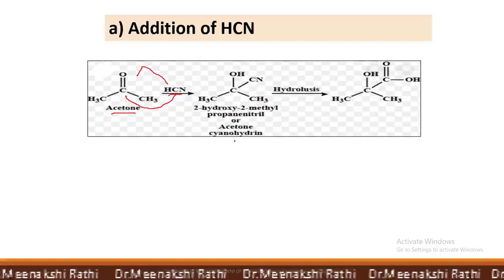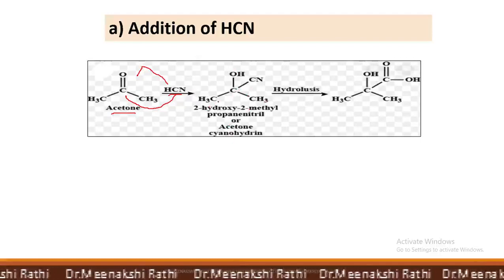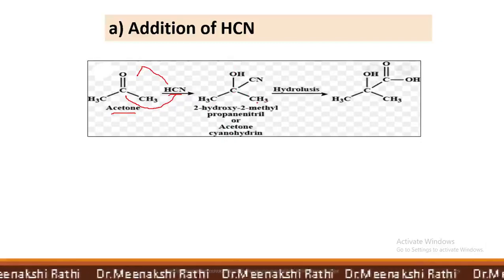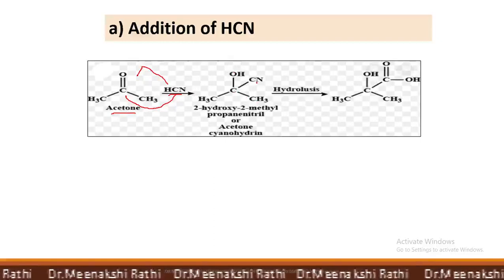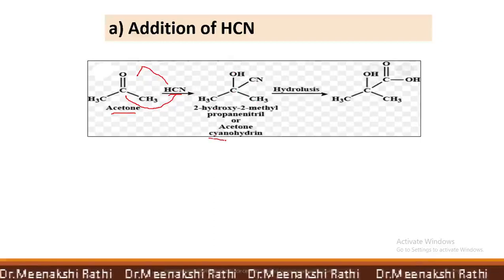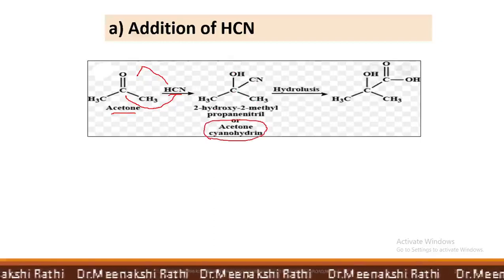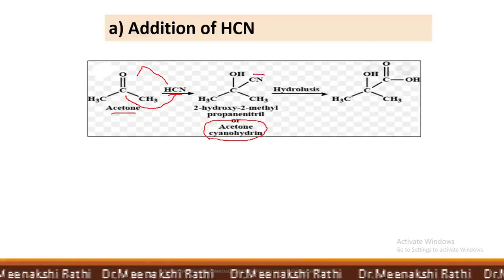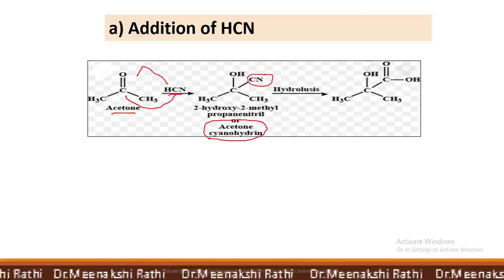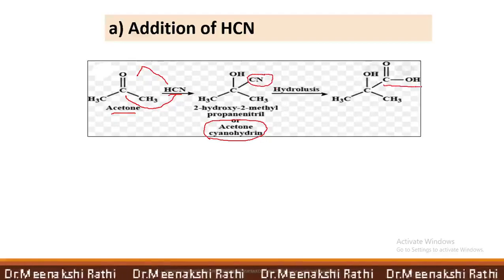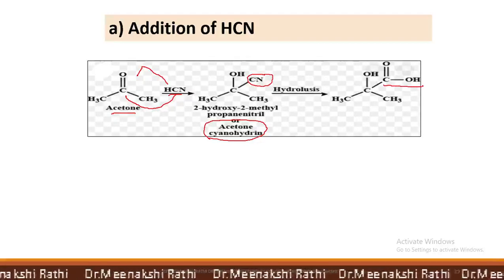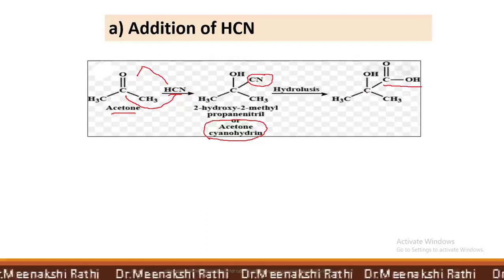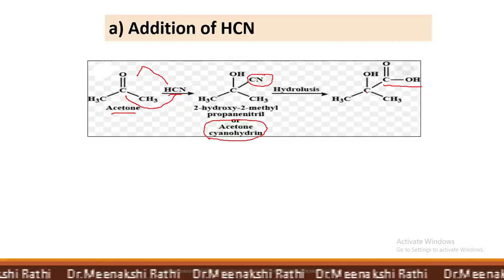Acetone cyanohydrine, or its name is 2-hydroxy 2-methyl propane nitrile, but I guess it is better to remember acetone cyanohydrine. Acetone cyanohydrine on hydrolysis, here cyanide group on hydrolysis gets converted into COOH and we get alpha hydroxy acids.